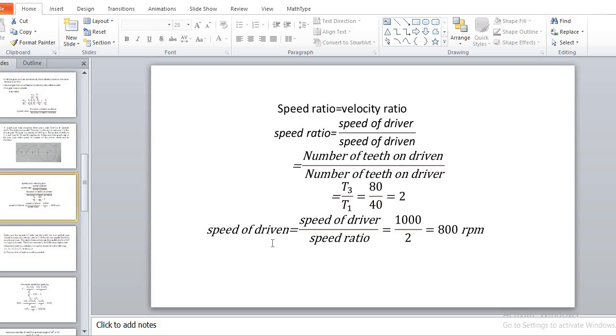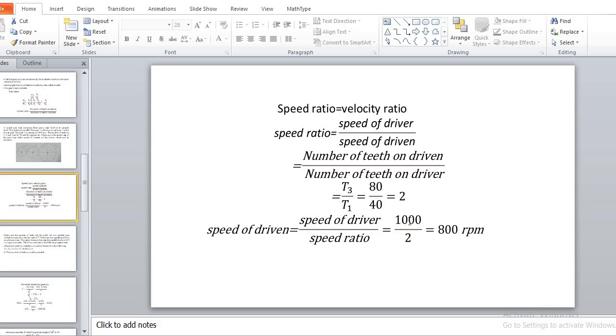Now the speed of the driven wheel we can find by using this formula. Speed ratio is equal to speed of the driver divided by speed of the driven. So speed of the driven is speed of the driver divided by speed ratio.